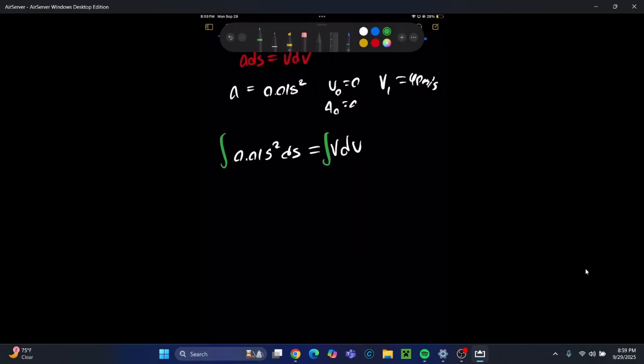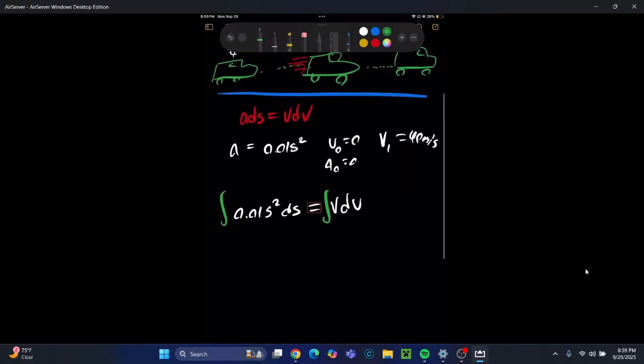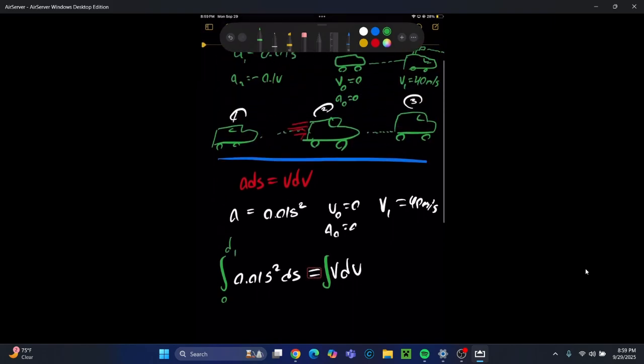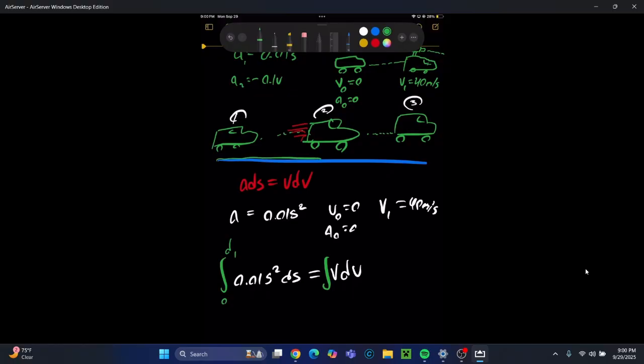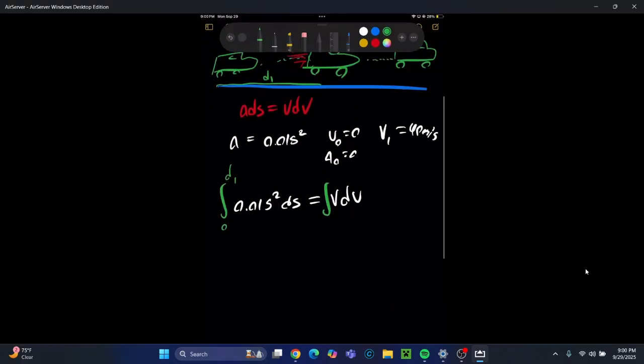For ds, our initial position, we always assume we start at 0 because we like things to be easy. I'm going to make my upper bound D1, and say that this process right here is D1. And then for our v values, we know our initial v is 0, so that's 0.